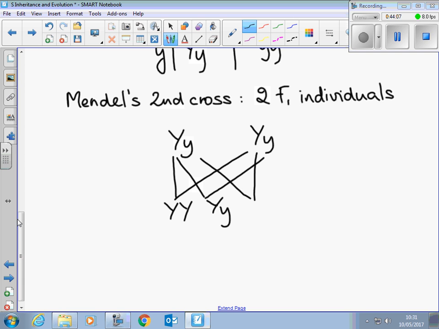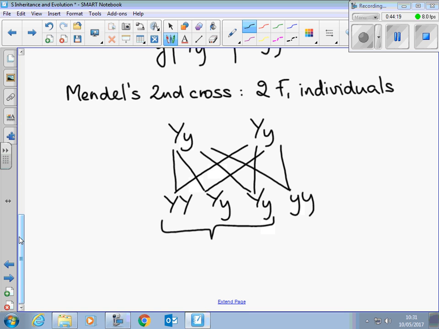Right, we put those together. All right, so we then have one homozygous dominant, two heterozygous, one homozygous recessive. But what's key here is the phenotypes. So how are we going to describe this? The overall effect is best described in a ratio 3:1.